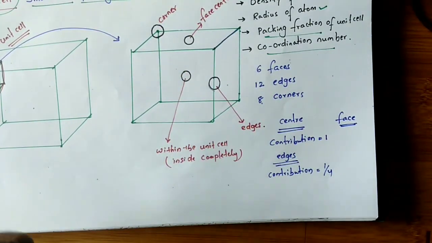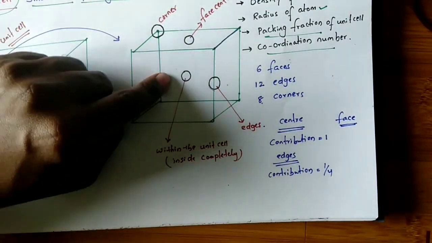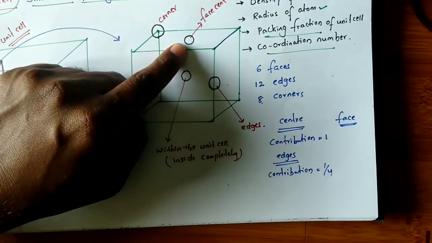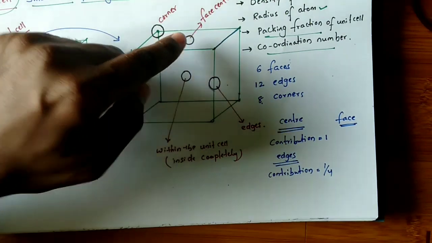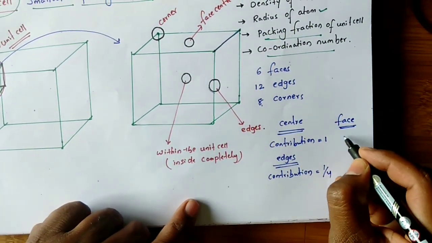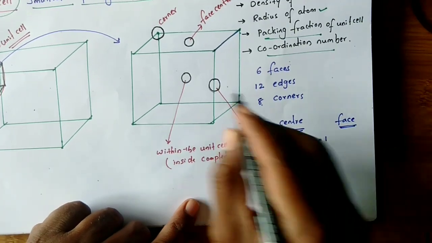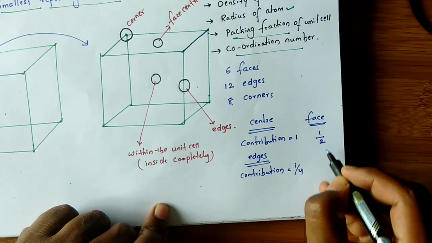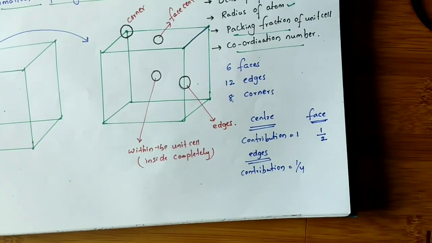Imagine there is one more unit cell on top of this unit cell. So this atom is shared between 2 unit cells, half to this unit cell and half to the top unit cell. If the atom is present on the phases, its contribution is 1 by 2.